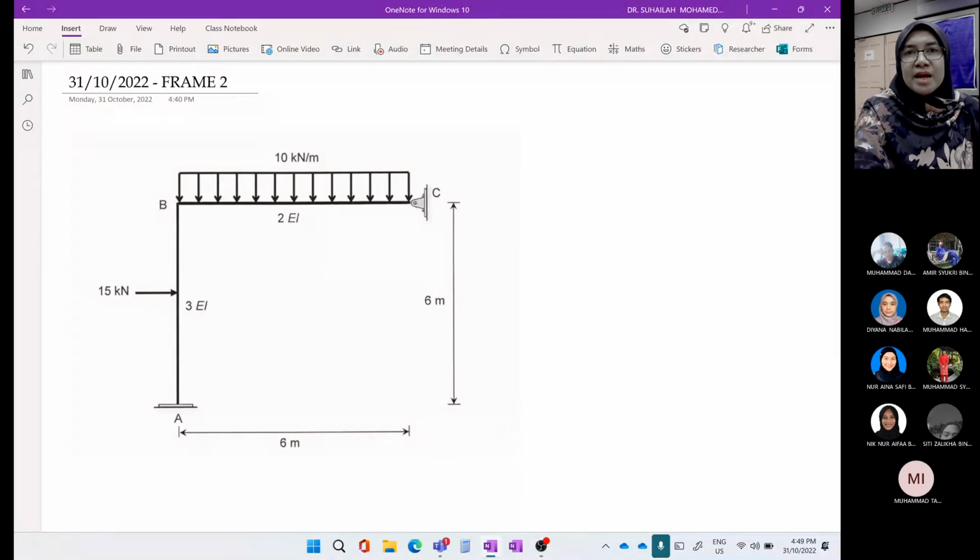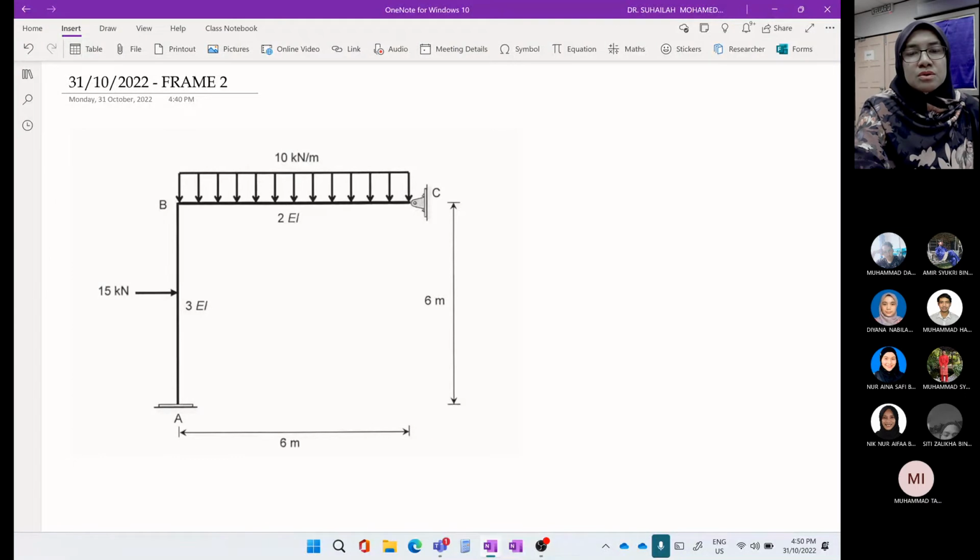This means the flexibility method is actually an application of what you have learned previously. You have learned how to calculate reactions in determinate structures, how to write moment equations in determinate beams and frames, and how to calculate displacement and deflection using the unit load method. So we combine all these in the flexibility method.